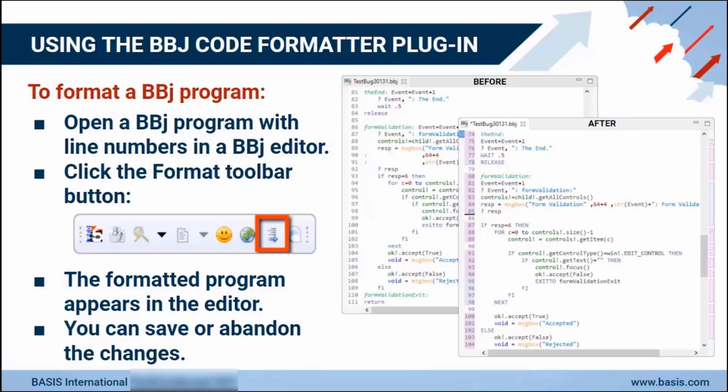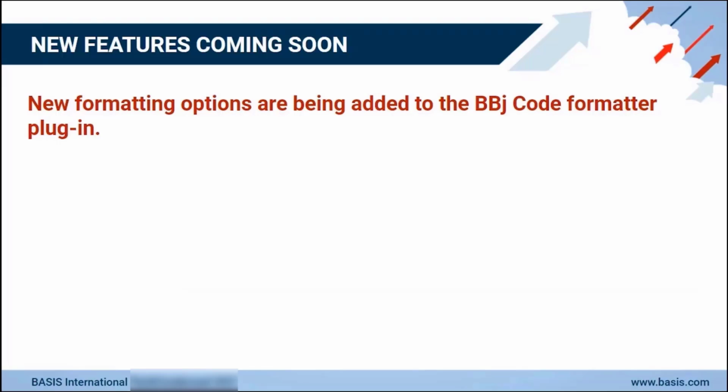And the before shows an arbitrary BBJ source code file, and the after shows the full result of having invoked it with a series of configurable options, including capitalizing keywords, uppercasing them, and so on. And to give you a feel for the changes, remember, if you don't like what you see, you can click the undo button or just close the editor without saving, and you will abandon those changes.